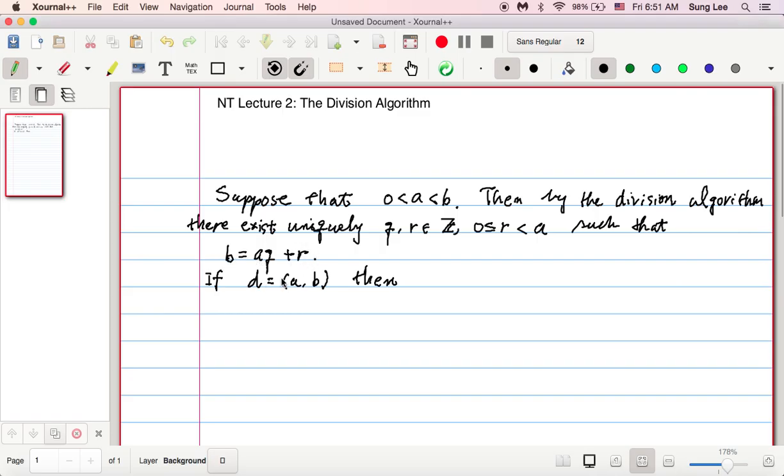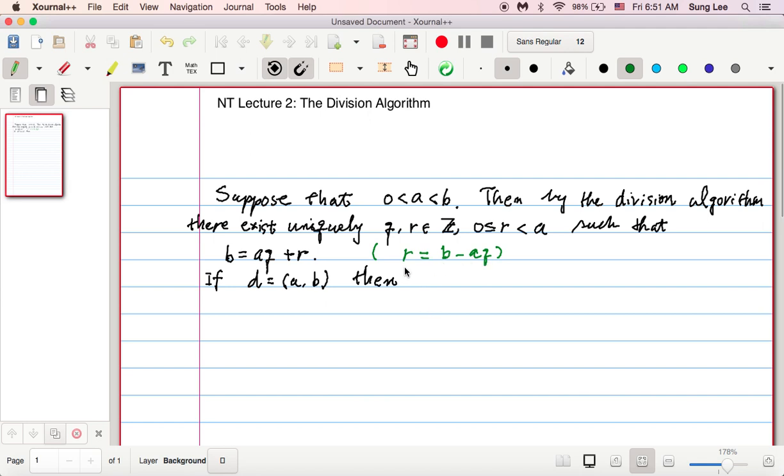So d must divide r, because from here, r can be written as b minus aq. So that's a linear combination. So r can be written as a linear combination of a and b.